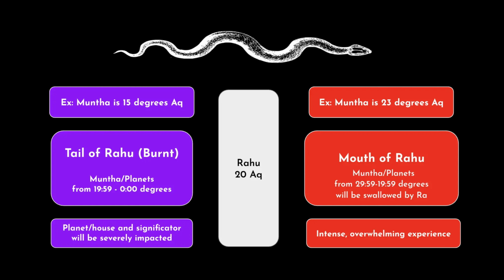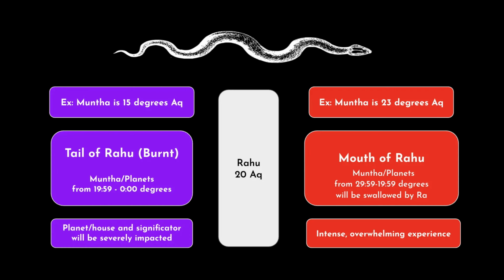I'm going to make this example up. If Rahu is at 20 degrees of Aquarius and we have the Muntha that is at, let's say, 23 degrees of Aquarius, the Muntha is moving towards Rahu and it's going to be swallowed by Rahu, which means that the event could be very intense. It could be very overwhelming, could be unexpected.